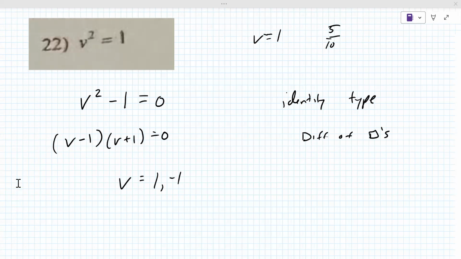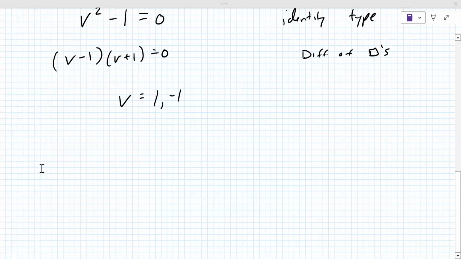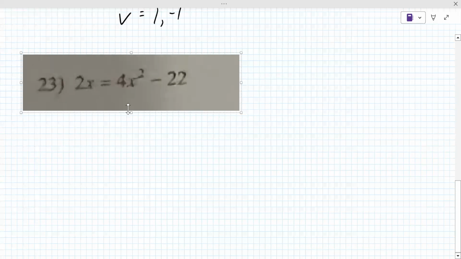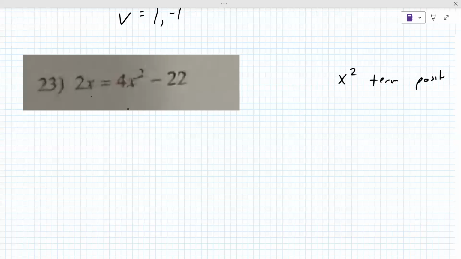All right, 23. Again, you want to get everything on one side, and sometimes you're not sure which way to move it. You generally want the x squared term to be positive. In this case, you would move the 2x to the right, so it's 4x squared minus 2x minus 22.